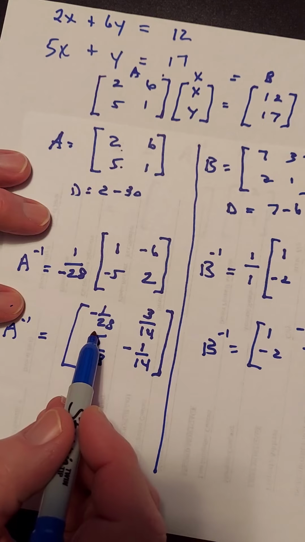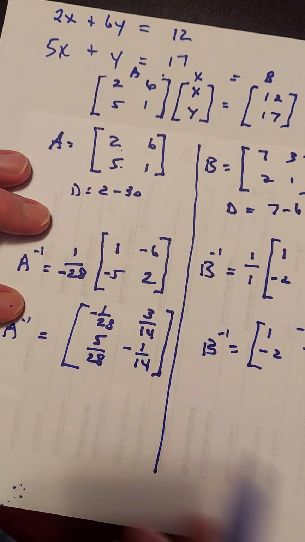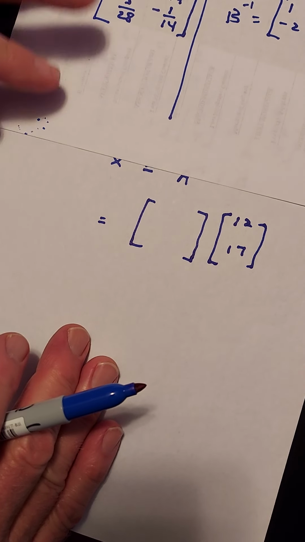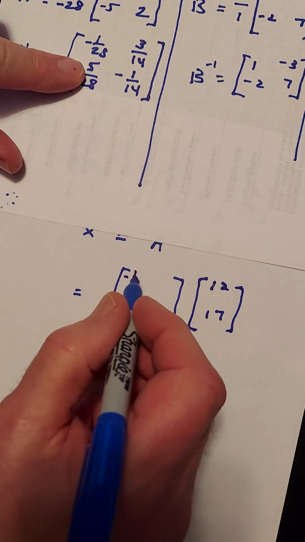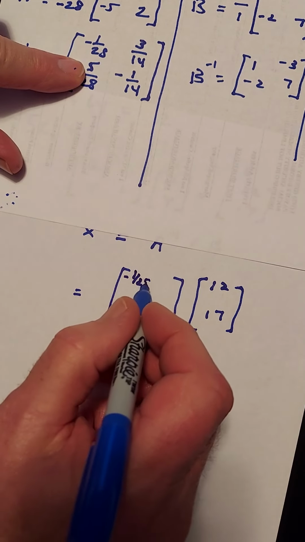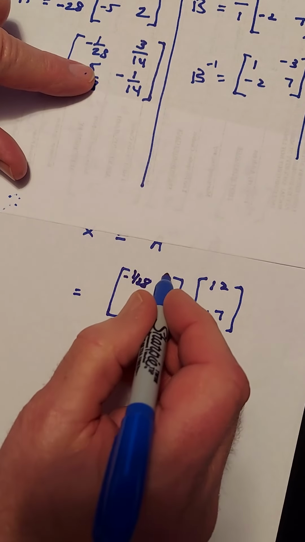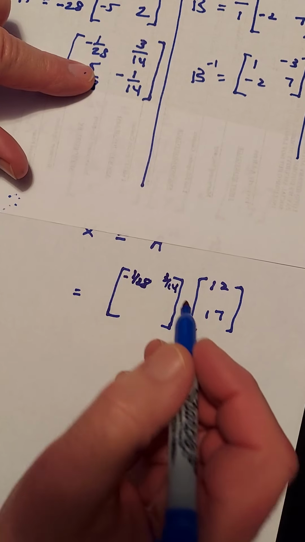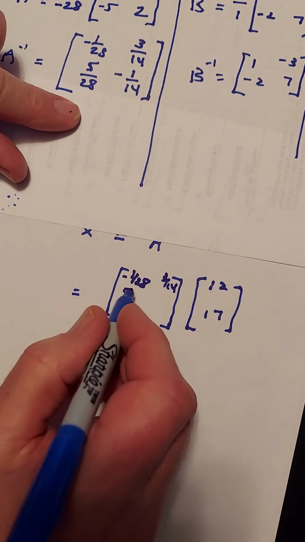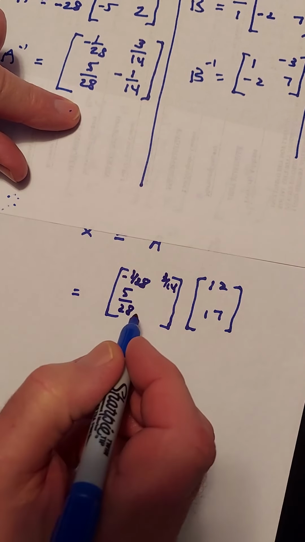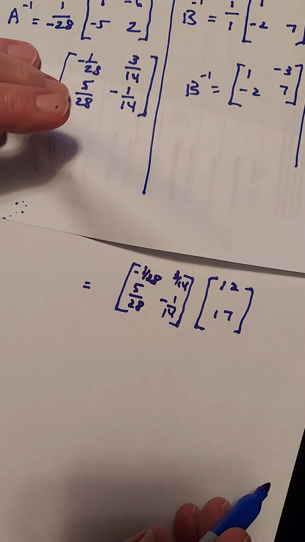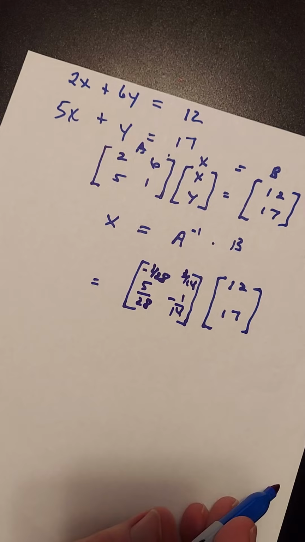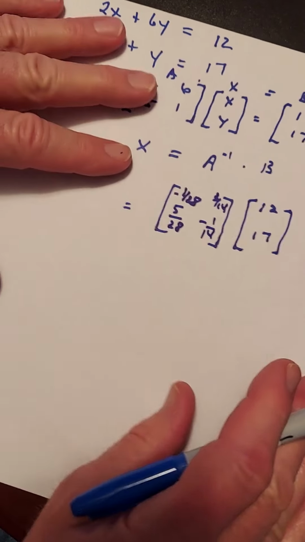But here's my inverse, so I'm simply going to copy that over here. So I've got negative 1 over 28, 3 over 14, 5 over 28, and negative 1 over 14. So to solve this, all I have to do is multiply those matrices together.